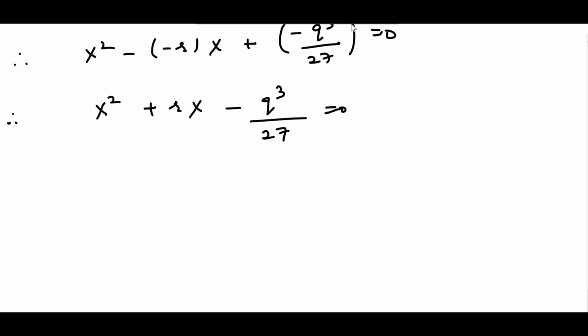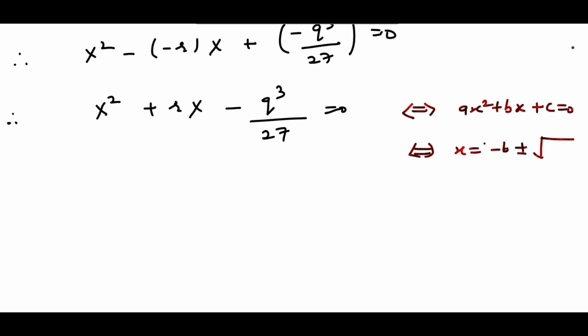So by comparing with the Sridharacharya formula, that is ax square plus bx plus c is equal to 0, the value of x will be negative b plus or minus square root of b square minus 4ac, over 2 times a.